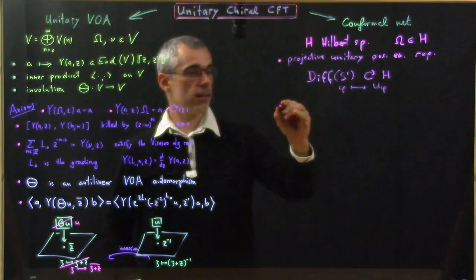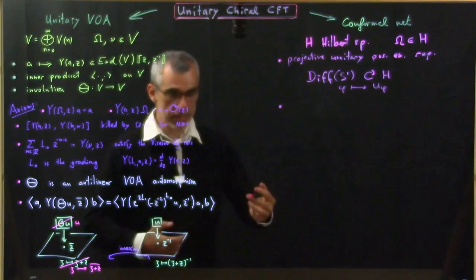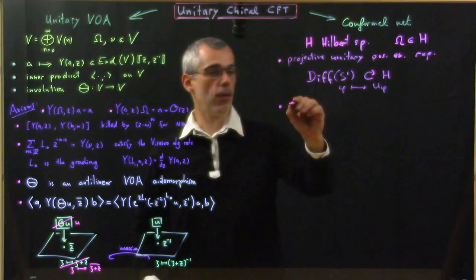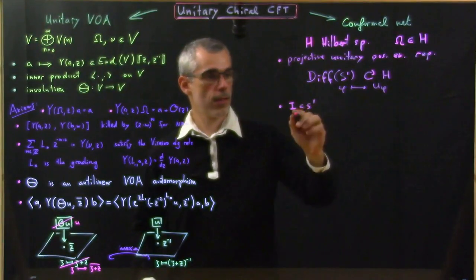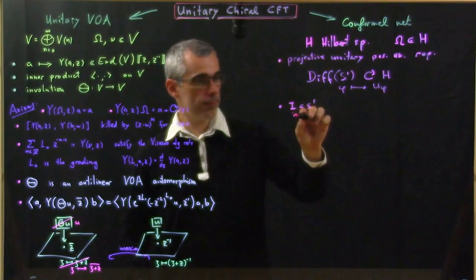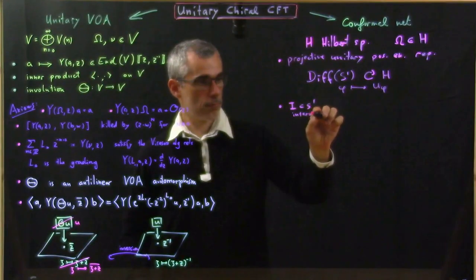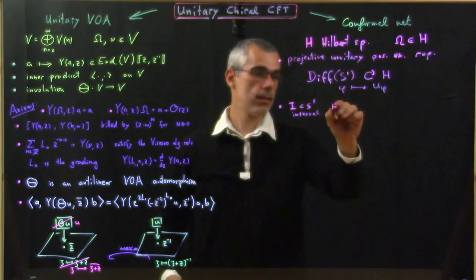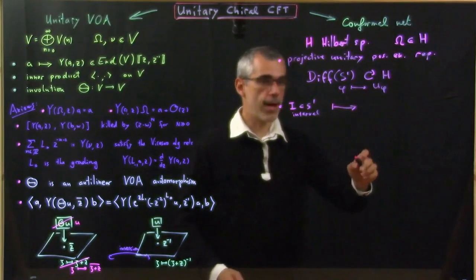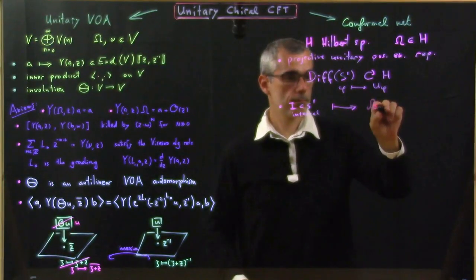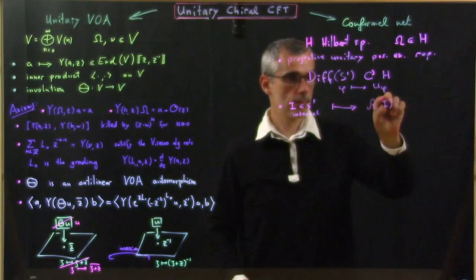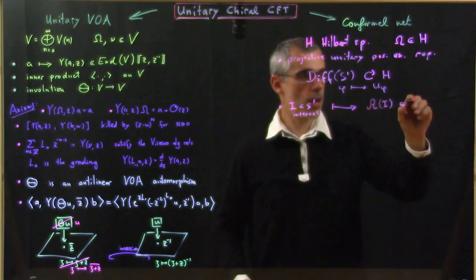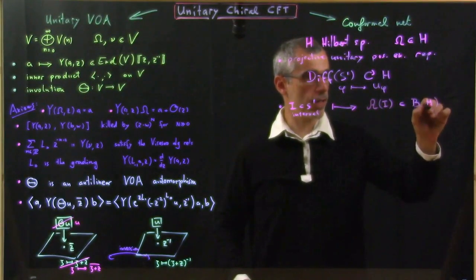And then the most important piece of data says that for every interval of the circle, we assign a von Neumann algebra, a subalgebra of the algebra of bounded operators on our given Hilbert space.